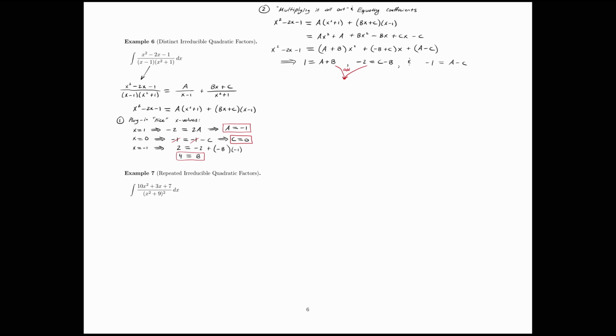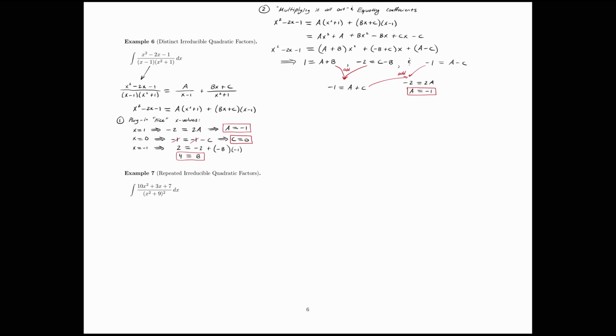If I add them together, I will have -1 equals a plus c, because the b's will cancel. Then I can add this equation to this equation, which would give me -2 equals 2a, but the c's cancel. So then we have a equals -1, which matches what we already found a different way.